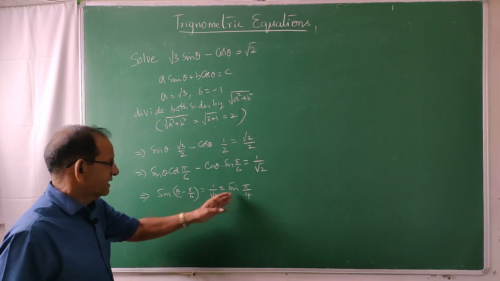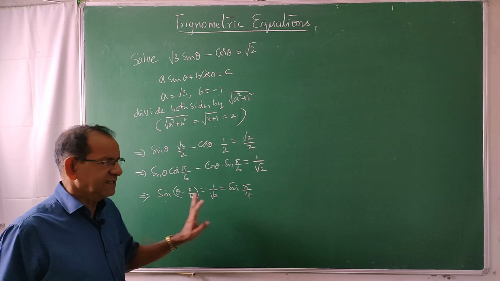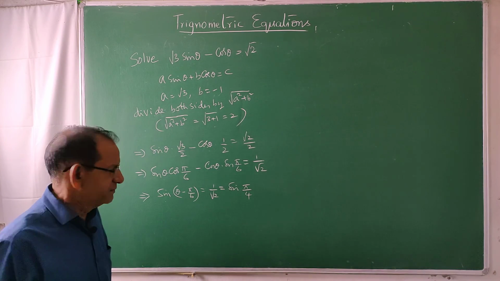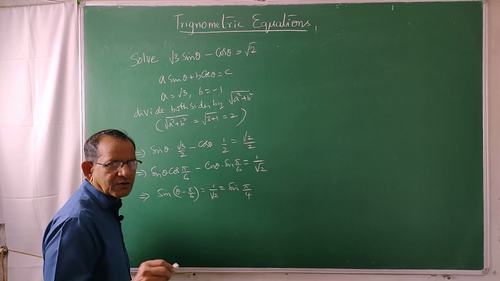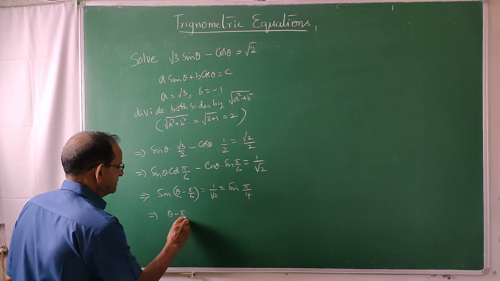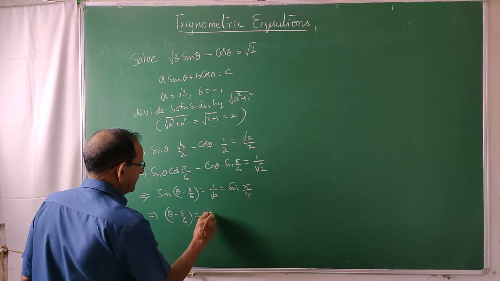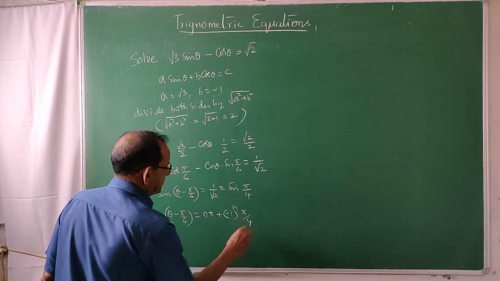Now, it is in the form of sin theta is equal to sin alpha. We proved just now, whenever sin theta is equal to sin alpha, theta is equal to n pi plus minus 1 whole power n into alpha. So that implies theta minus pi by 6 is equal to n pi plus minus 1 whole power n into pi by 4.